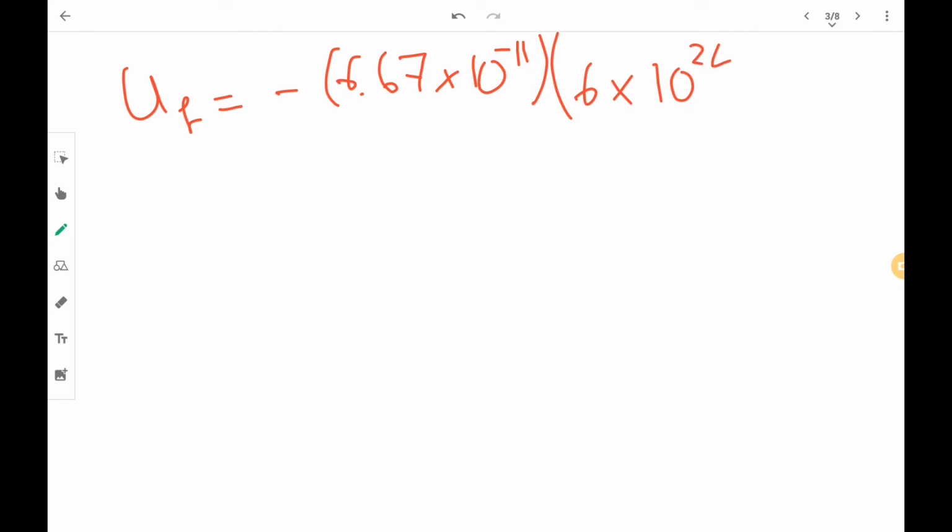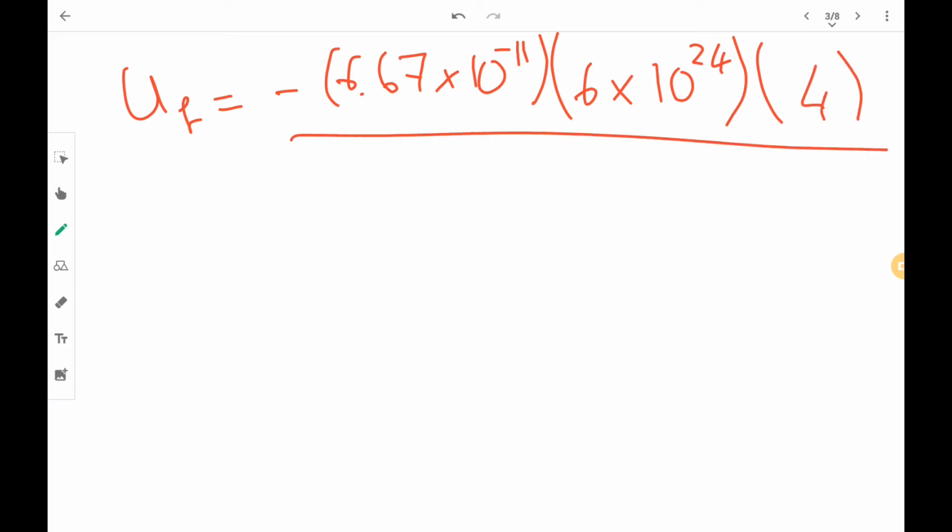So U final is minus 6.67 times 10 to the power of minus 11 multiplied by the mass, which is 6 times 10 to the power of 24. That's the mass of the Earth, and then you have the mass of the object, 4 kilograms, over. So for the final, the radius is 6.4 times 10 to the power of 3 plus 1.6 times 10 to the power of 3.